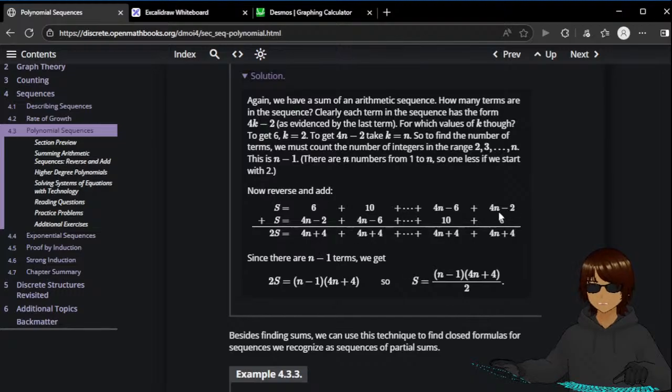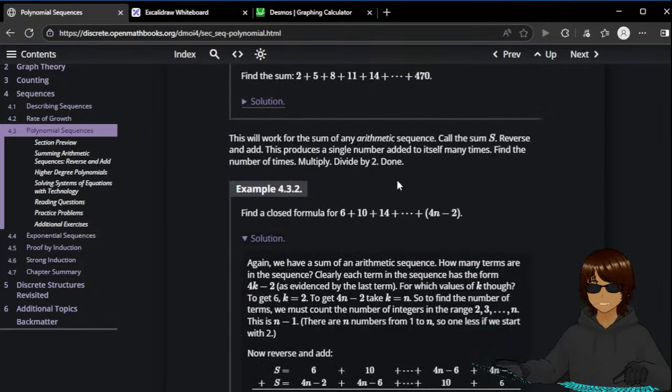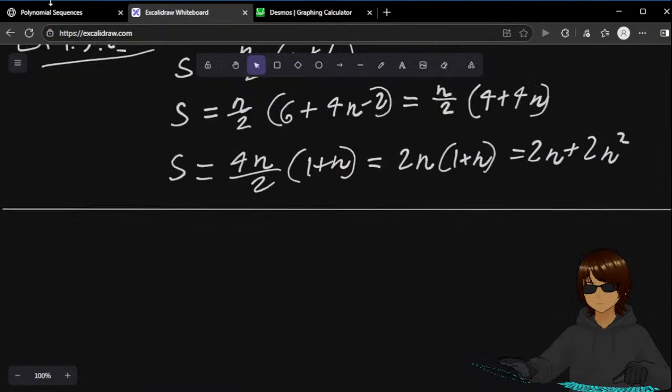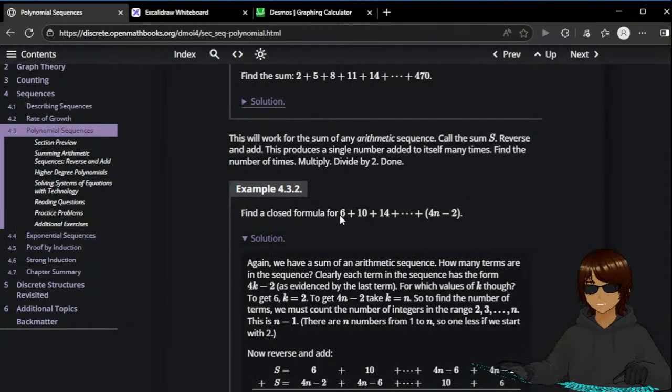This is n terms in total, right? Or maybe not. If we plug in 4n minus 2, if we plug in 1, we get 2.